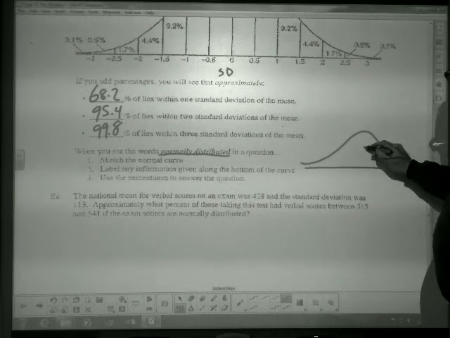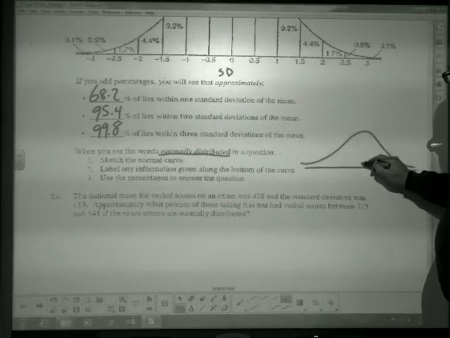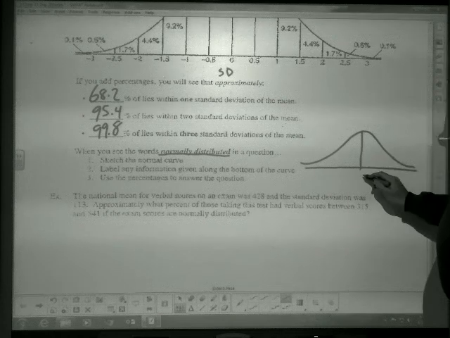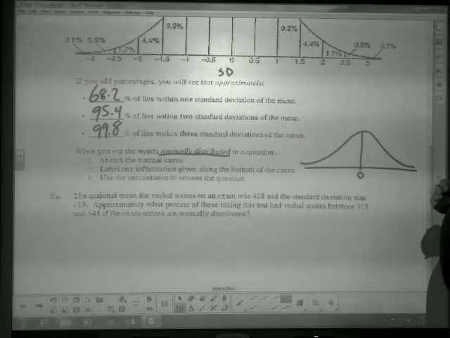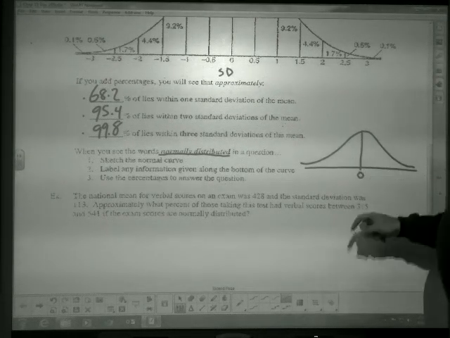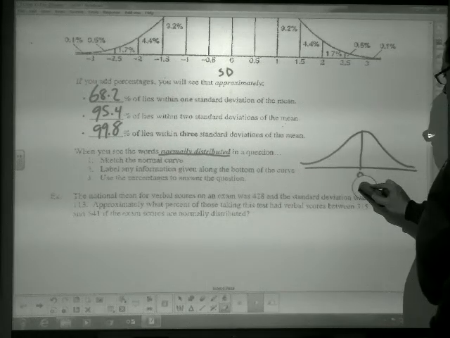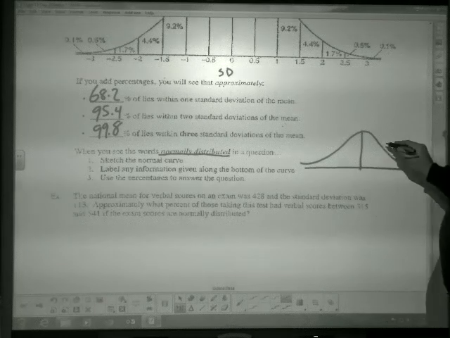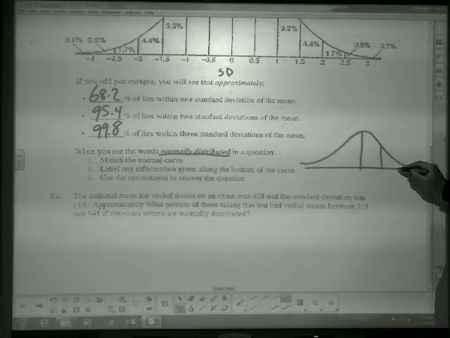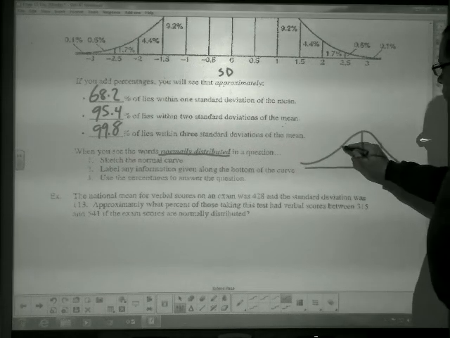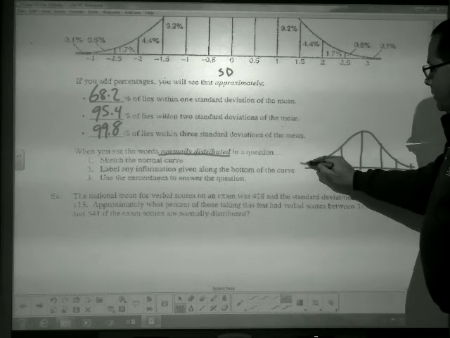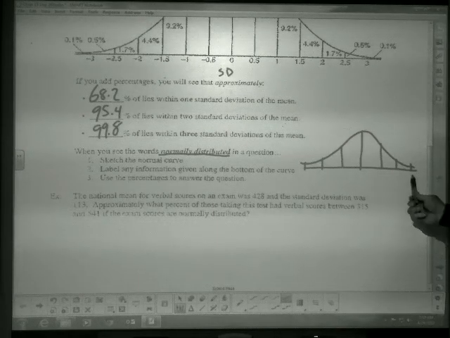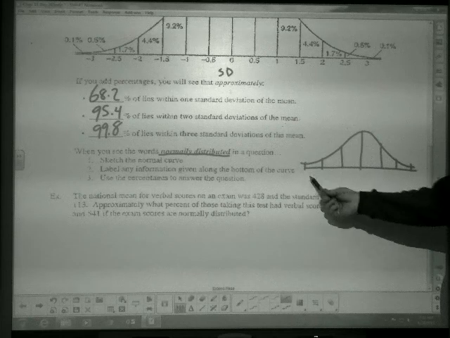So what you want to do is in the center, it would be where the mean is at 0 standard deviations. You'll label maybe how much that is if they give you the mean, all right? And then use the percentages to answer. Well, what I like to do is I label 1, 2, 3 standard deviations in each direction. Okay? So when I make a sketch, it'll look something like this.